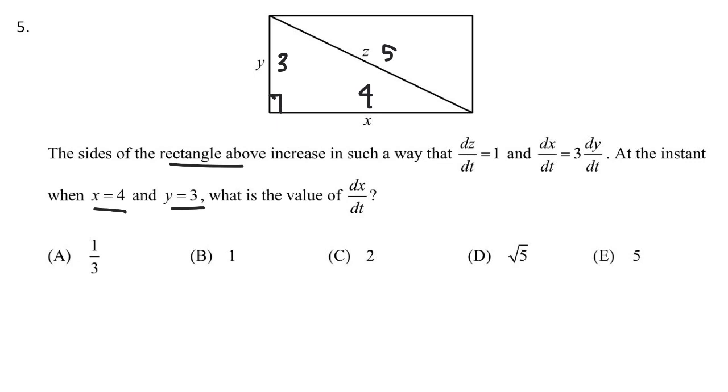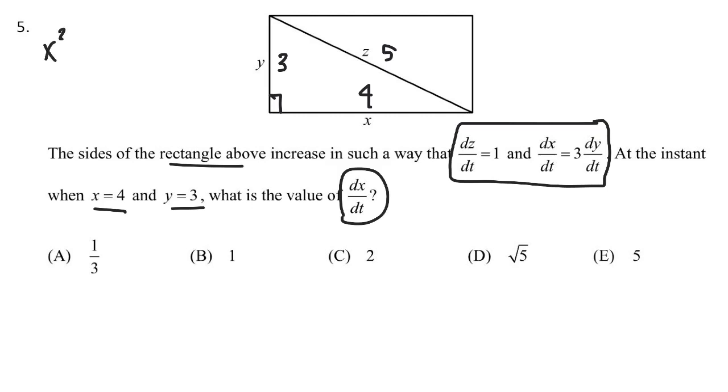We're trying to find the rate of change of x, dx/dt, and we're told some rate of change relationships here. It looks like we might need to use the Pythagorean Theorem. So I know x squared plus y squared equals z squared, and we can go through and do our derivative.